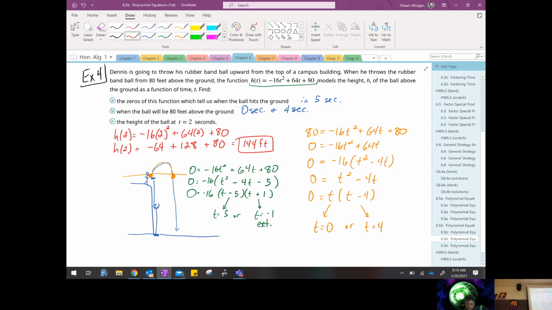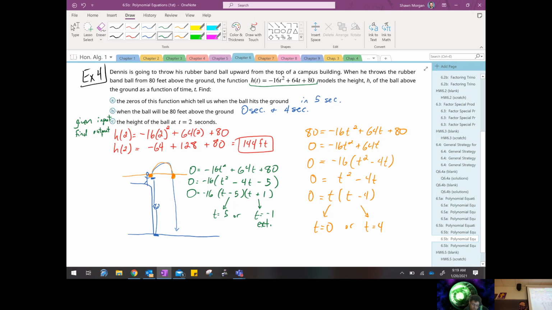Whatever time gets plugged in. There's a difference between input and output. On part C, we were given our input, and we were asked to find our output. That is a relatively straightforward operation when you know what the function is.